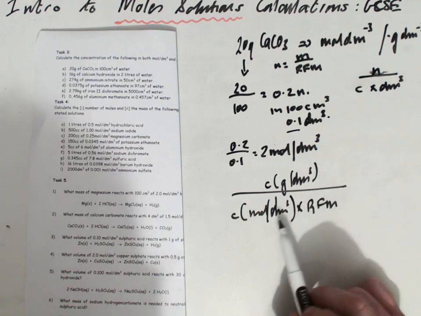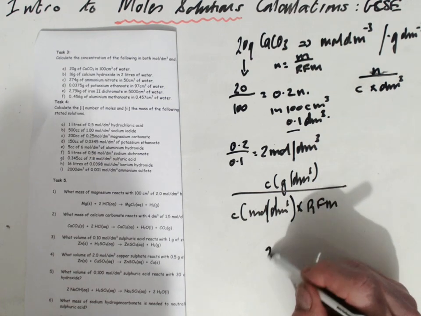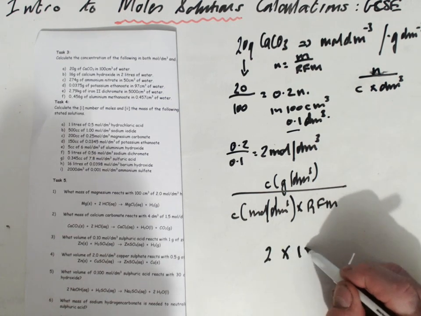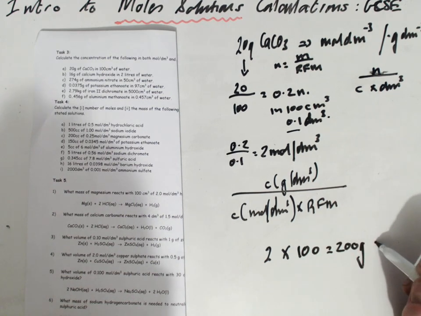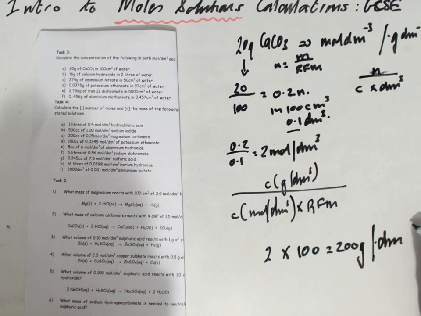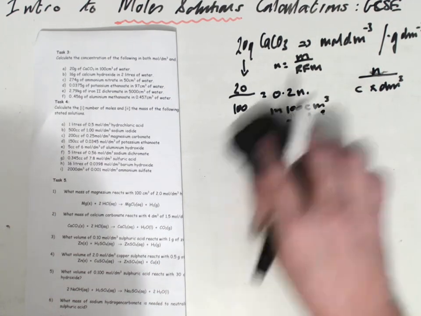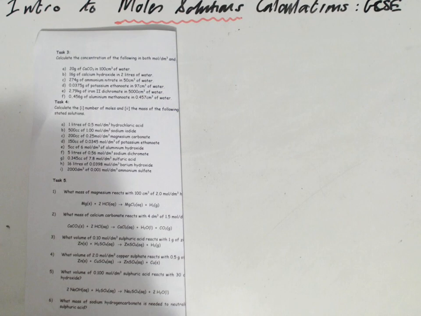So moles per decimeter cubed is 2, RFM is 100, which is equivalent to 200 grams per dm cubed. Simple as that. That was a nice easy one. We were given the formula and none of the volumes or masses were particularly challenging.